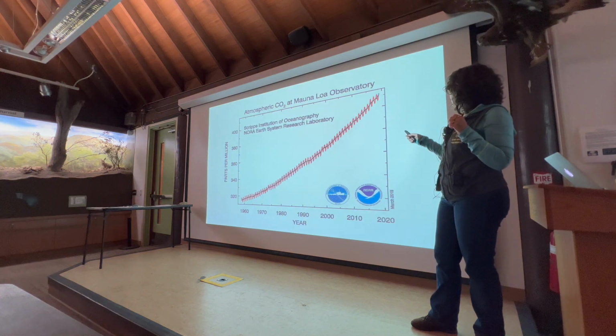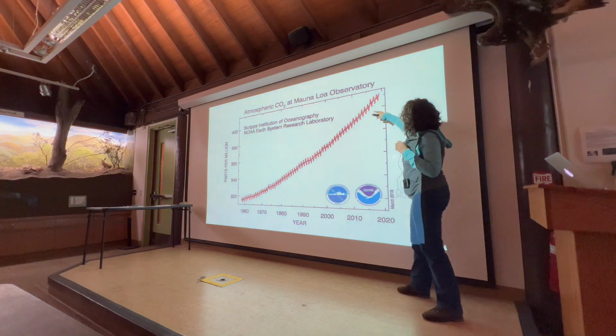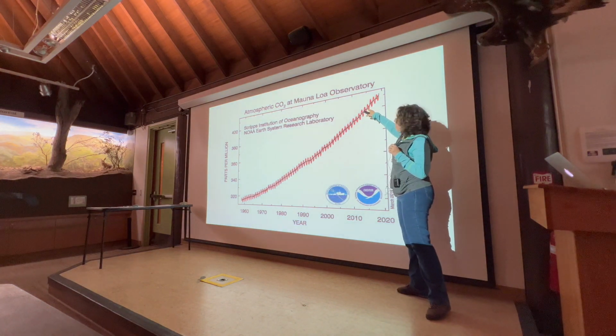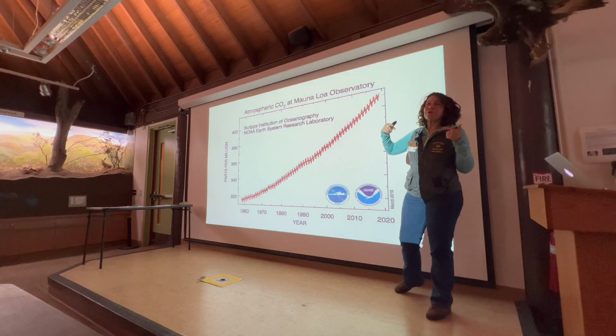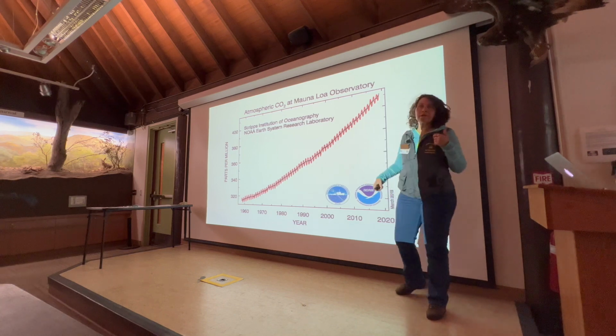Steadily increasing. It has variation with the seasons. In the season where there's more photosynthesis happening, it's a little lower, and when there's less, it's a little higher, right?